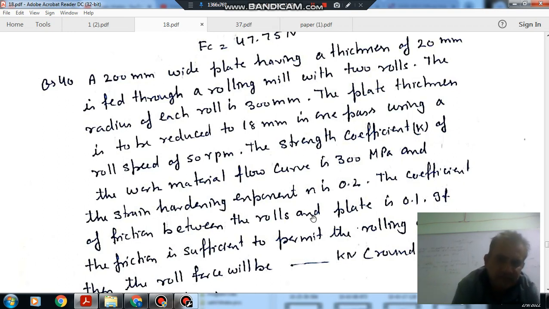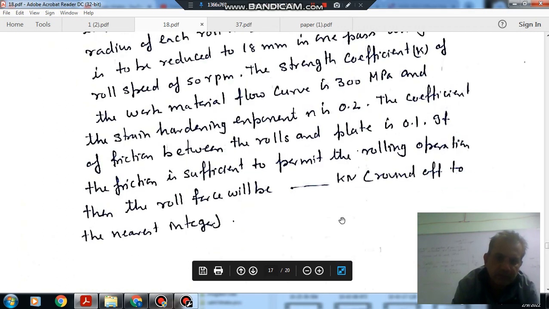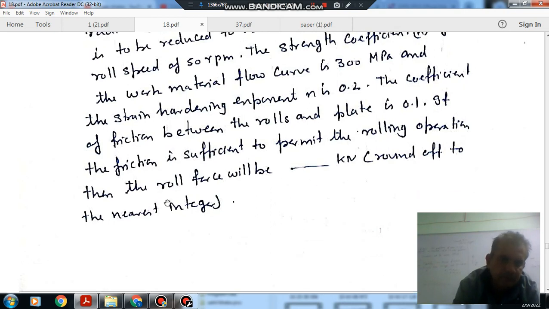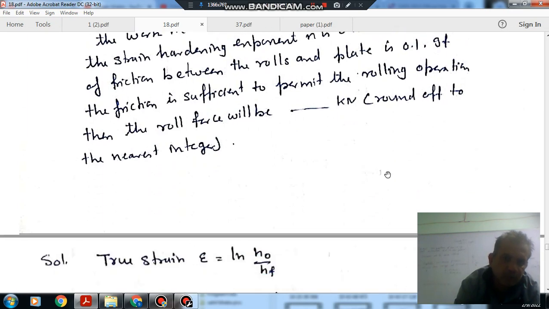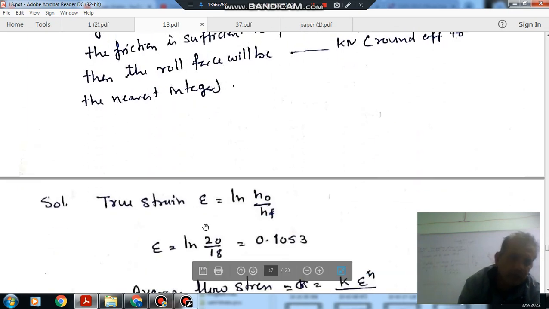The strength coefficient K of the work material flow curve is 300 MPa and the strain hardening exponent n is 0.2. The coefficient of friction between the roll and the plate is 0.1. If the friction is sufficient to permit the rolling operation, then the roll force will be dash kilonewton, rounded up to the nearest integer.